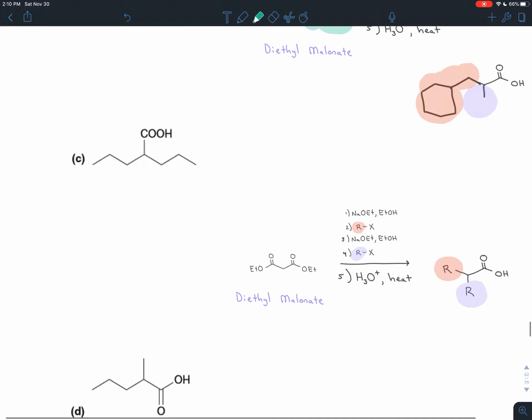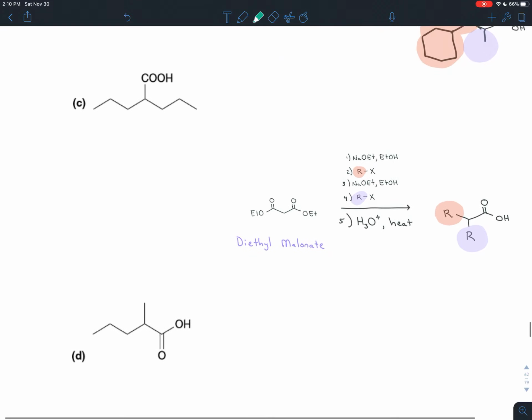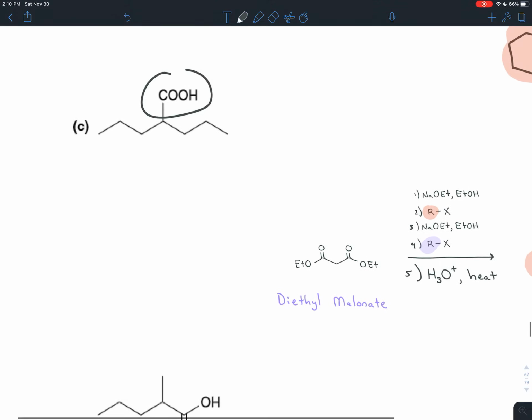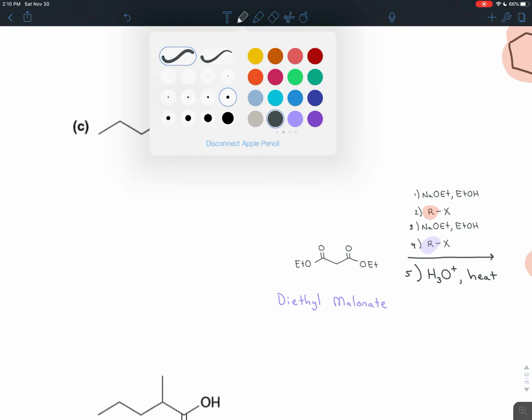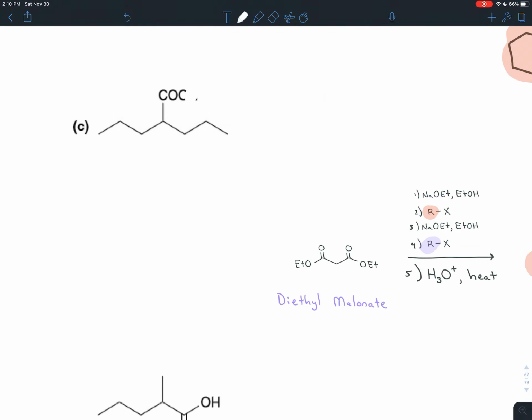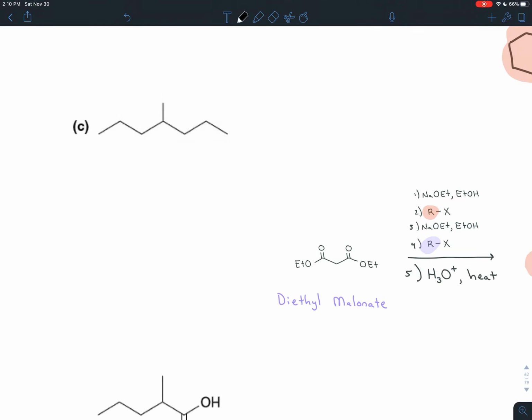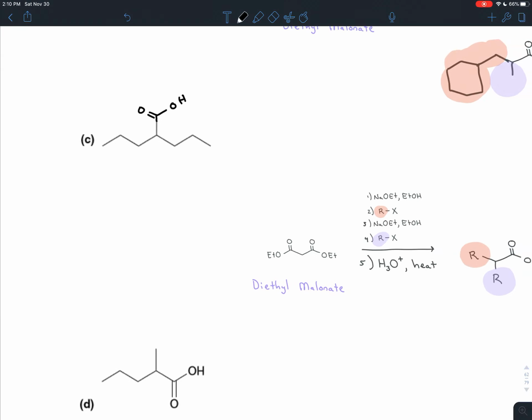Okay, let's try that same procedure with C. Now remember, the COOH is really just an abbreviated way of writing a carboxylic acid. So I'm going to erase that and write in the skeletal structure for that, just so it doesn't look quite as unfamiliar. So that's what that COOH was saying.